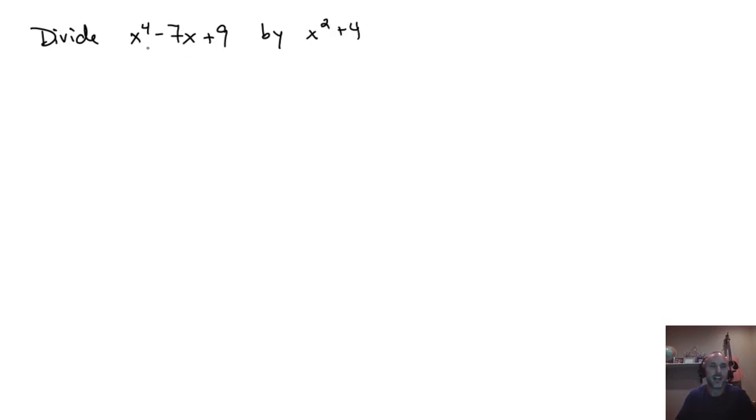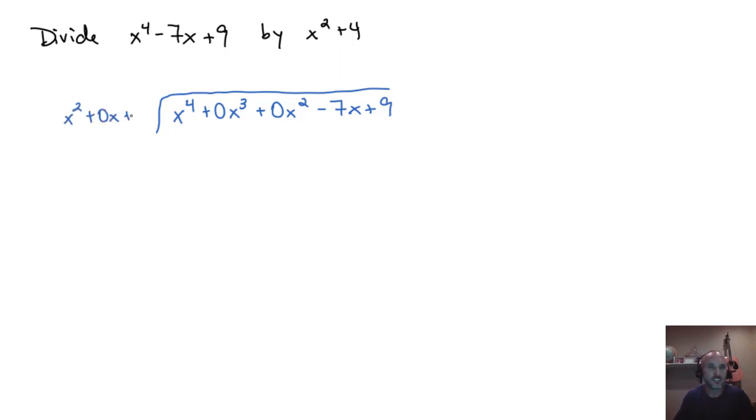So now I've got x to the 4th plus 0x cubed plus 0x squared minus 7x plus 9. So I had 2 0 placeholders here because after my first term I was missing an x cubed and an x squared. My divisor is x squared plus 4. So I've got x squared plus 0x plus 4 because this guy's missing an x term. And now we start our process.